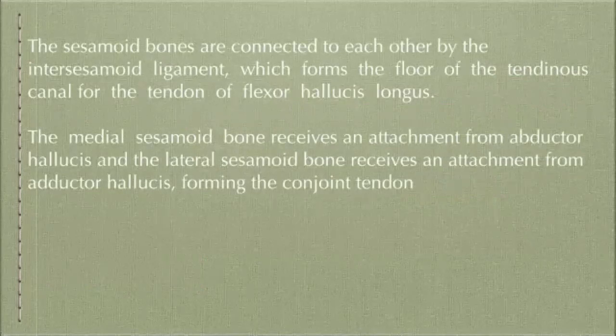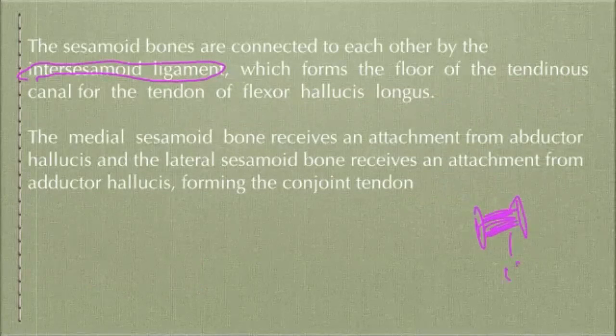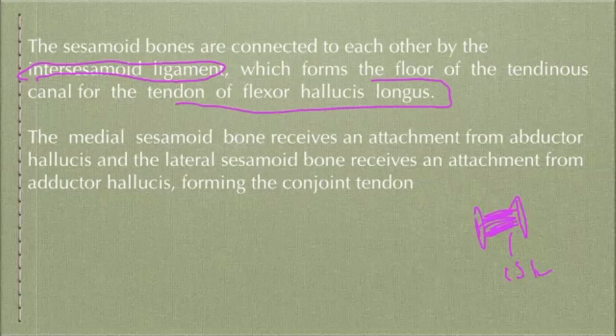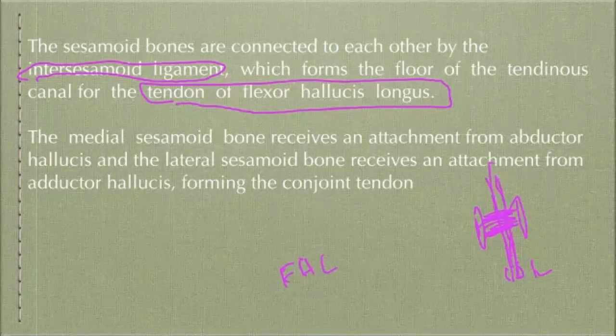Sesamoid bones are connected to each other by an intersesamoid ligament. So these two sesamoid bones have an intersesamoid ligament, which forms the floor of the tendinous canal for the tendon of flexor hallucis longus, because FHL passes between two sesamoid bones to reach the distal phalanx, right.